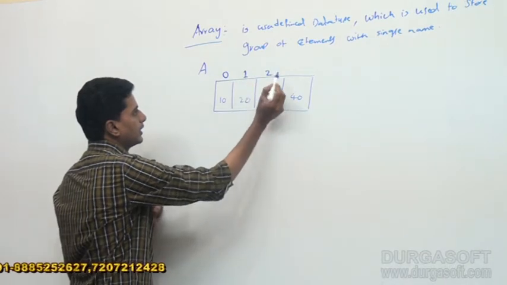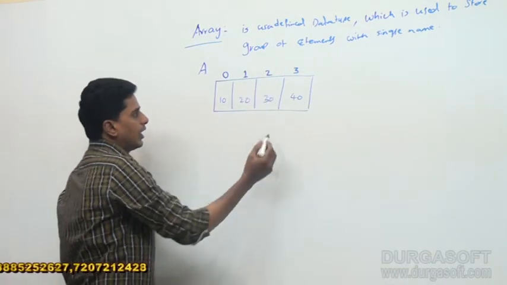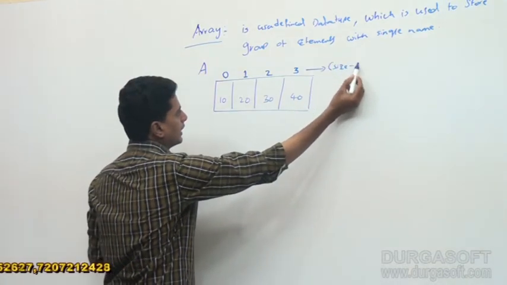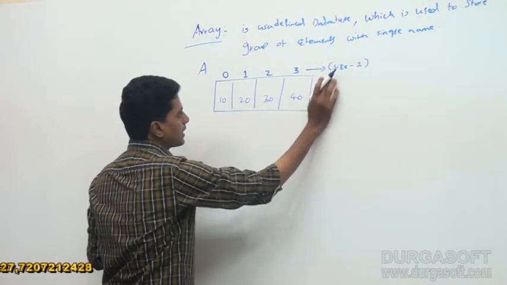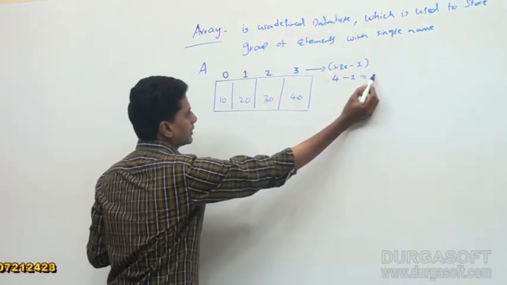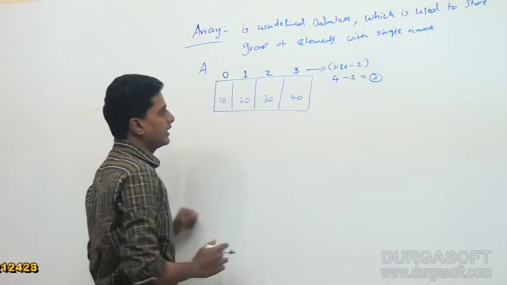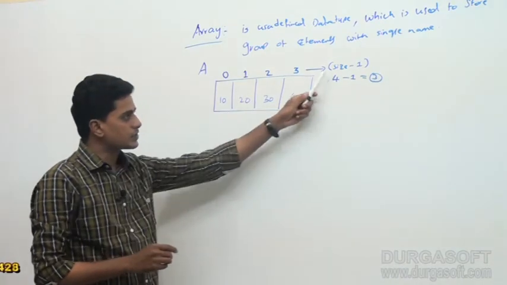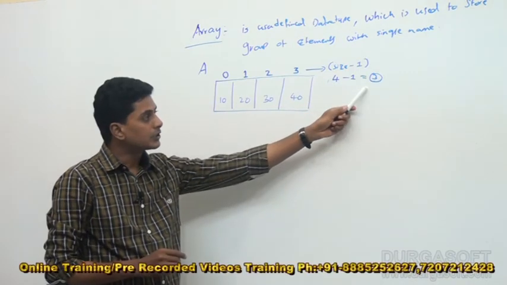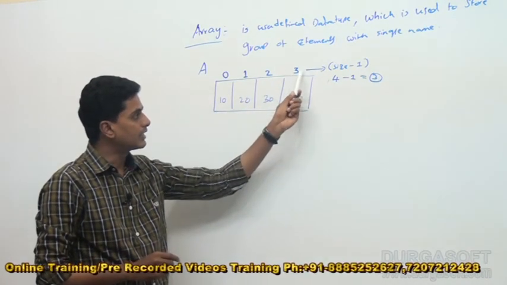Always the array index ends with size minus 1. The actual size of the array is 4, and 4 minus 1 is 3. So the array index ends with 3.